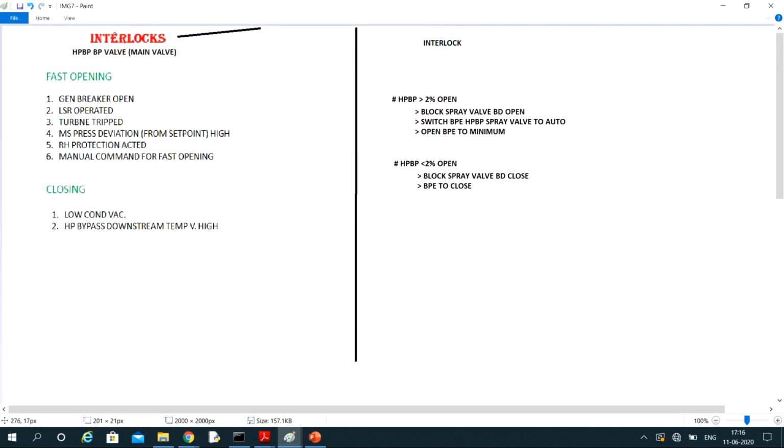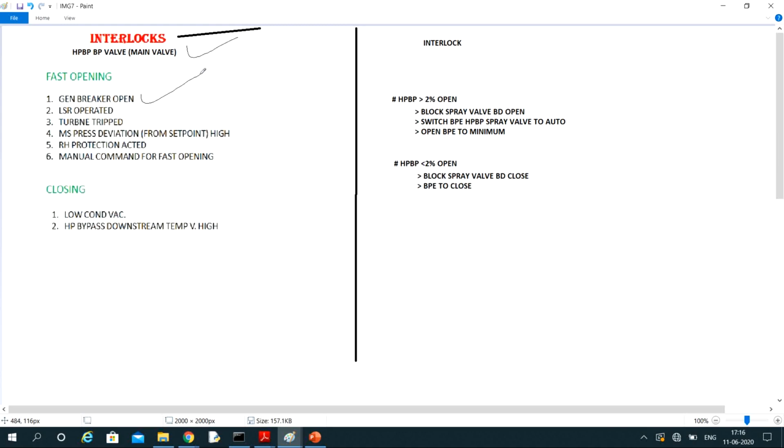Fast opening: I have told you earlier that for fast opening we have a solenoid located near the HP bypass valve, and for normal opening we have another solenoid. The fast opening will happen when the generator breaker gets open, either due to turbine trip or due to islanding operation of the turbine.